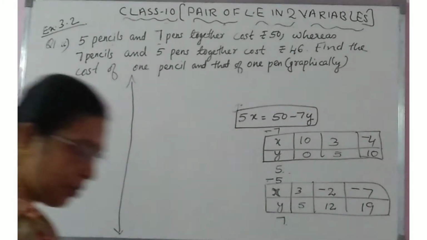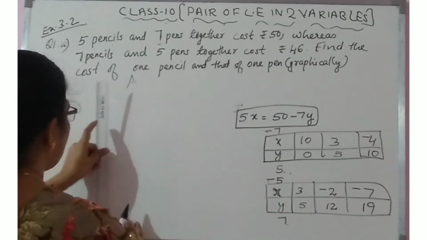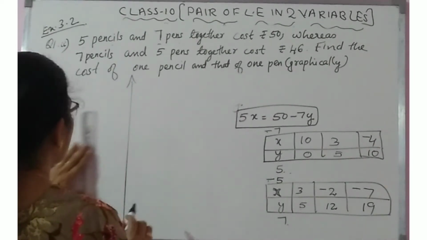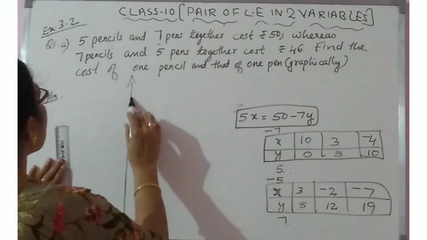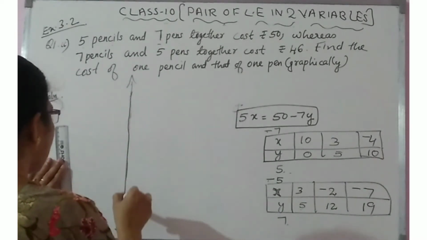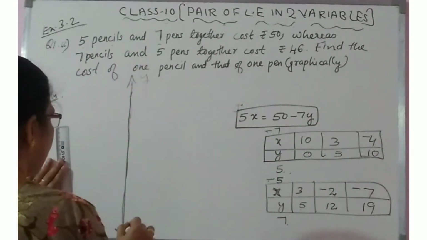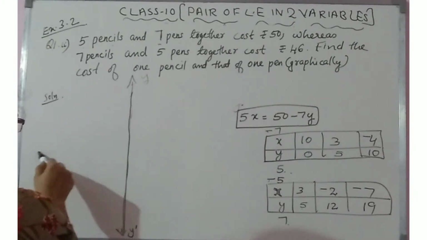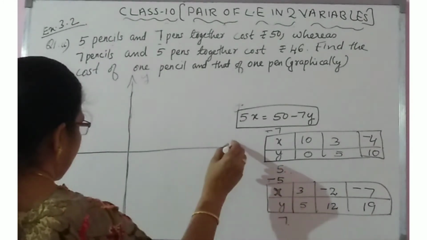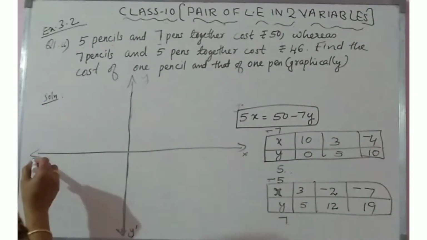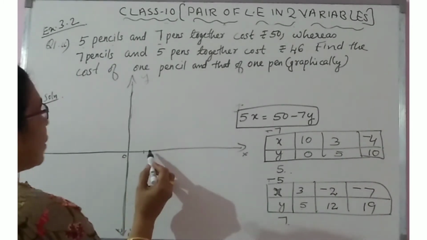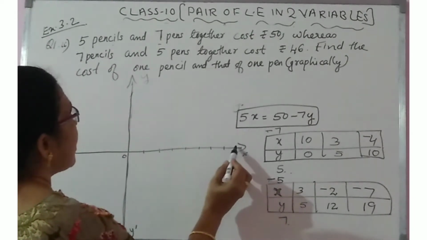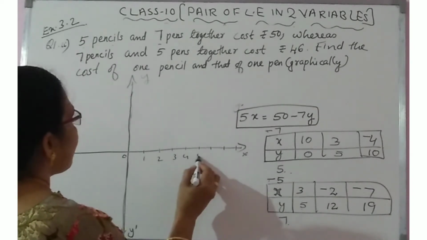So here we can draw the y-axis. Y dash. Next we can draw the x-axis. X dash. Origin, 1, 2, 3, 4, 5, 6, 7, 8.